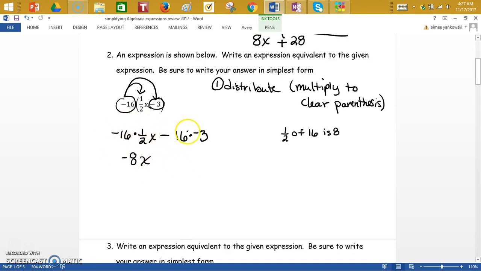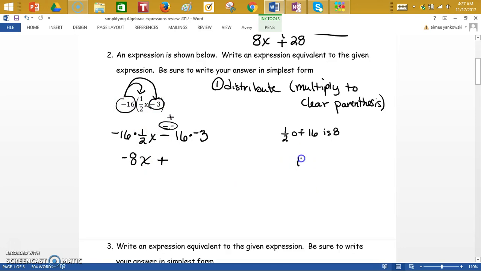Here, what's a negative times a negative? A negative times a negative is a positive. Some of you already got there from this step. Minus a negative became a positive. So you may not have even written both negatives. You may have jumped right to a positive sign there. Minus a negative becomes a positive.